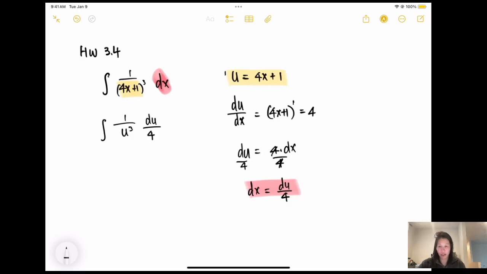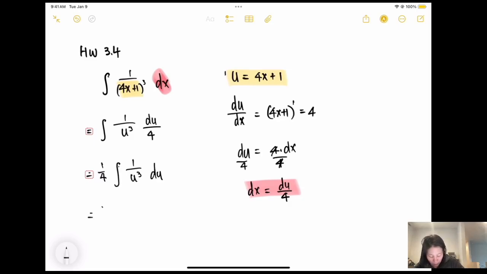Now we can simplify it. Since it's 1 over 4 times du, the coefficient, we can pull it out of the antiderivative, which gives me 1 over 4 times the antiderivative of u to the third power du.